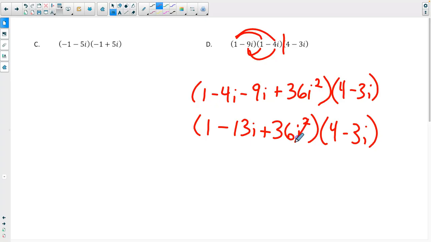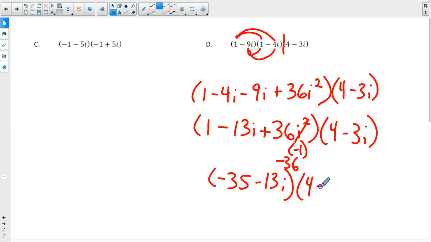And so if this is -1, I'd have 36 times -1, which is -36. So I'll have 1 minus 36. And so that gives me -35 minus 13i, close the parenthesis, and I multiply that by 4 minus 3i.